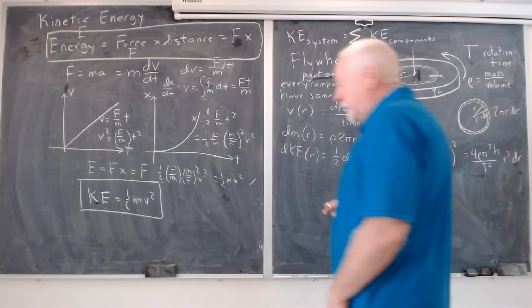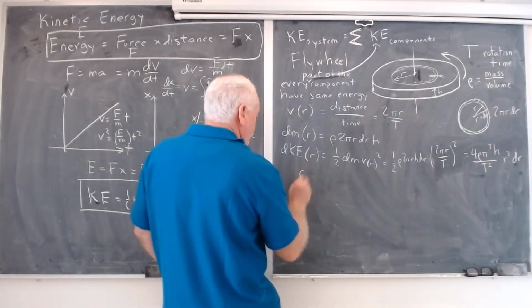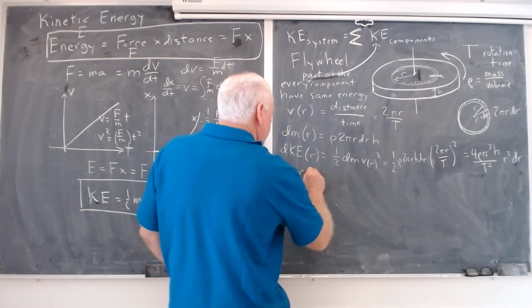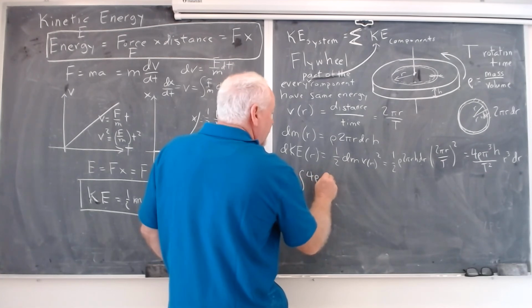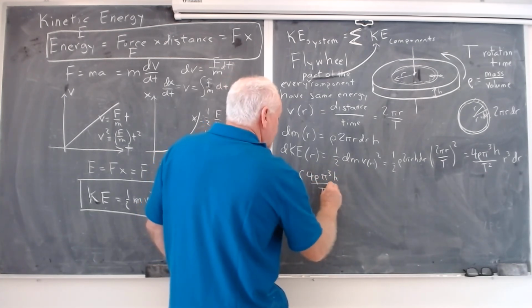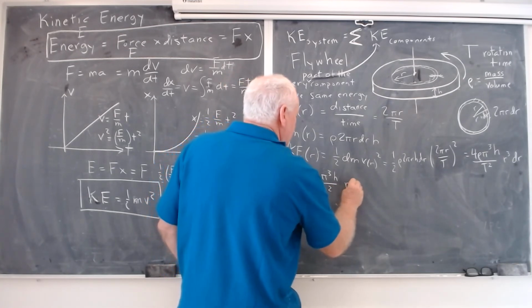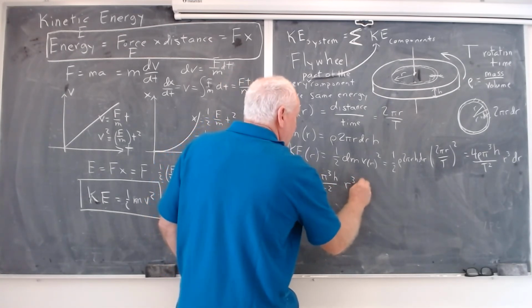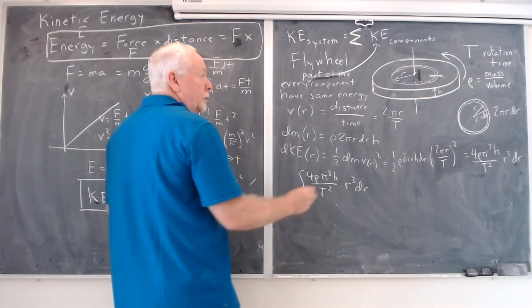That's pretty easy, because it's basically the integral of 4 rho pi cubed h over t squared times r cubed dr. Now what is the integral over?